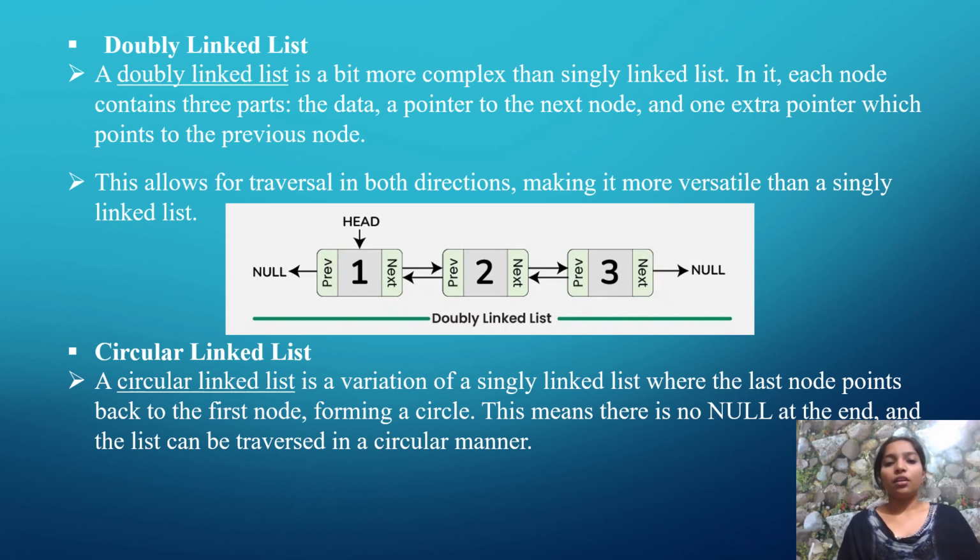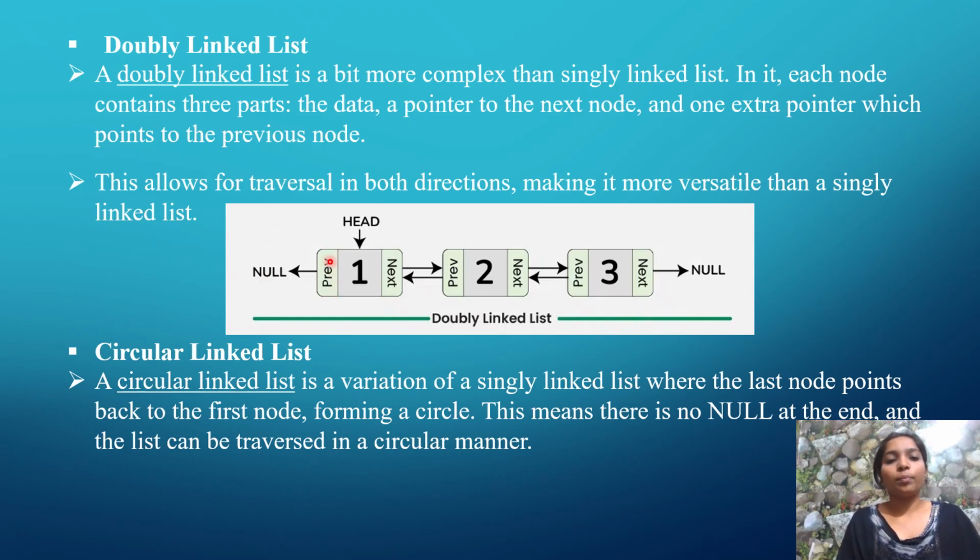Here the nodes are connected in both directions, forward and reverse. Here the traversal can be in both directions. This makes it more versatile. Here we can see an example of double linked list.